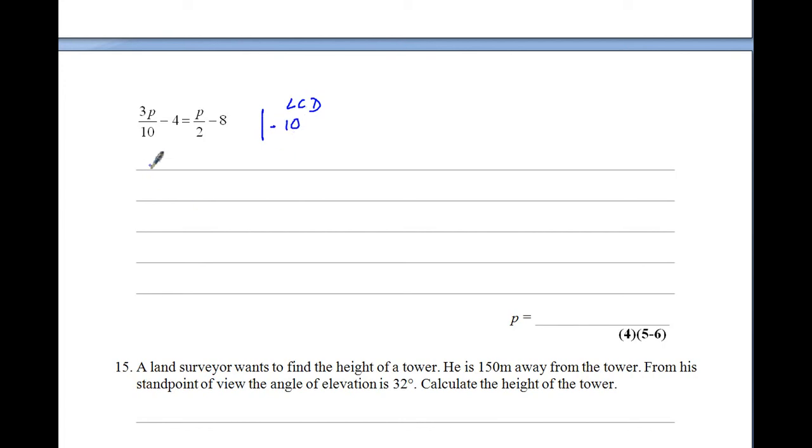Every single term, remember: 3p over 10 times 10 is 3p, minus 4 times 10 is 40, equals p over 2 times 10, that's the same as 5p, and multiply this by 10, I get, take away 40. No, sorry, 80. Okay, and then you carry on from there.